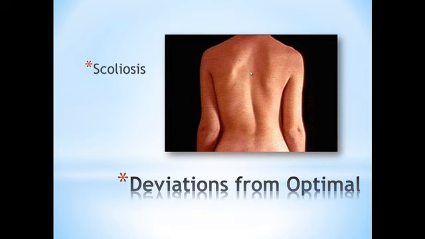It could be a disturbance in the control of the muscle spindle. It could be an inherited connective tissue disorder. It could just be developmental instability. So there's a variety of different components that may contribute to the development of adolescent idiopathic scoliosis.